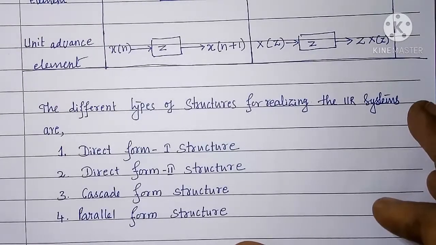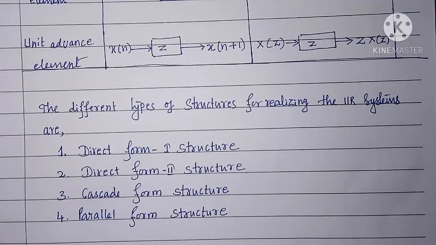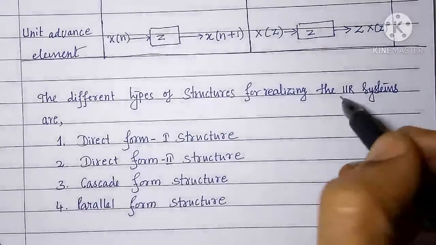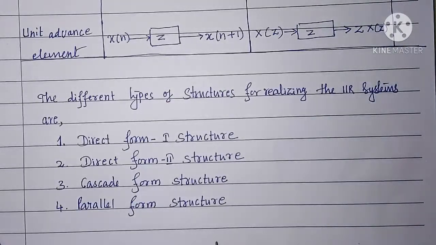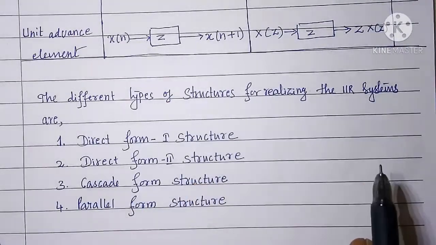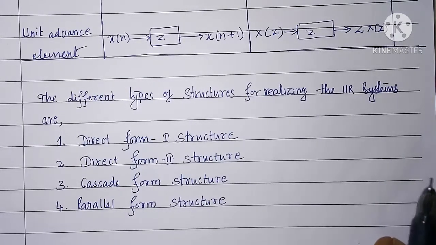Now you can note down these different types of structures used for realizing the IIR systems. And we will learn realization of IIR systems using different types of structures by means of examples directly.